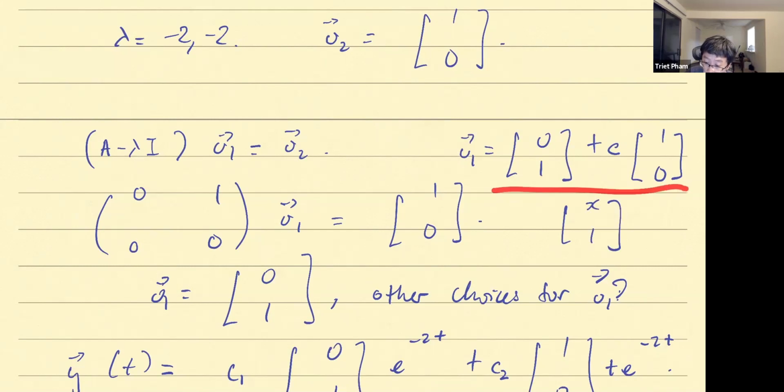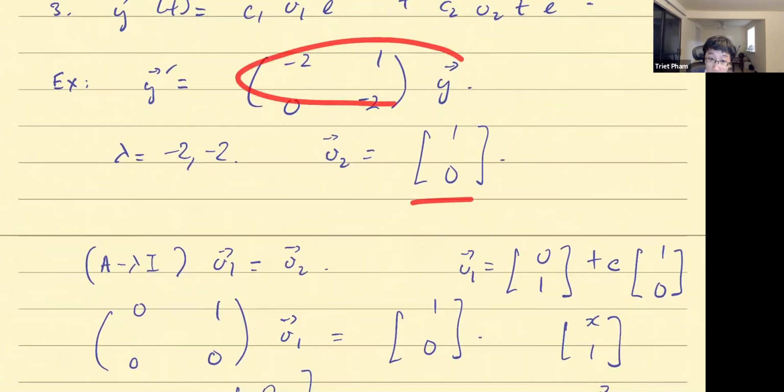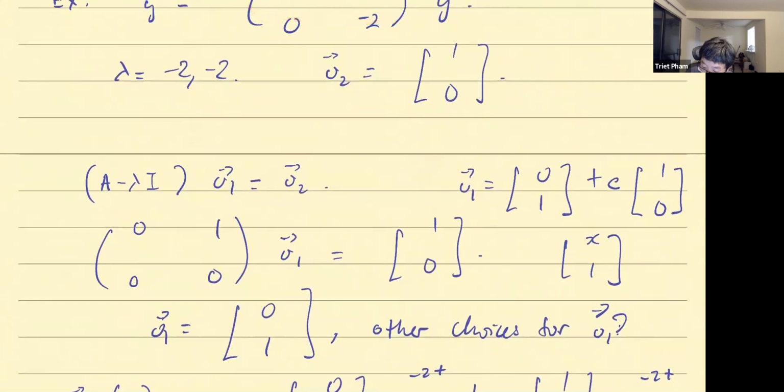So where does this come from? This is exactly the idea that you use a particular solution. Remember that for a particular solution, this is yp plus c yh. This is your yh right here, your homogeneous solution. And so the generic structure of a pseudo eigenvector is like that.